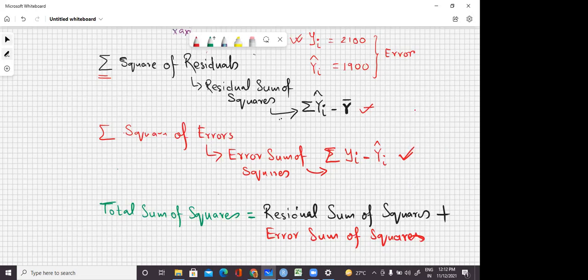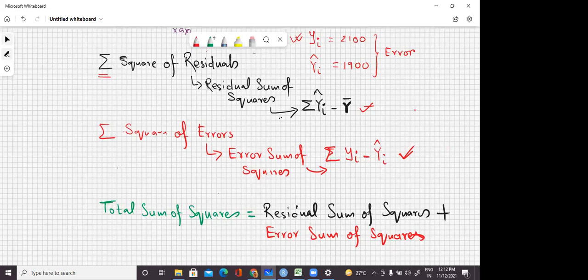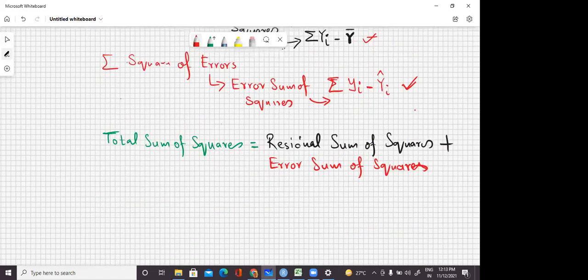So residual sum of squares is written as SSR, error sum of squares is written as SSE, and total sum of squares is written as SST. So let us write it like that.